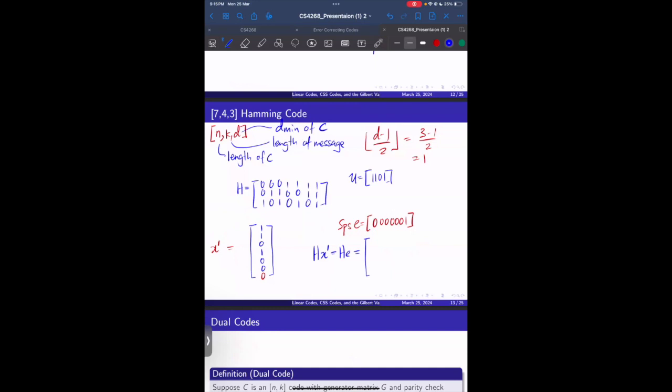Well, we can do the multiplication and we'll get 1, 1, 1, right? Which happens to be 7 in binary, right? And this is no accident, this is by design. So we can see that the syndrome actually tells us exactly which bit got flipped. Because remember here, it's the 7th bit, right, that got flipped.